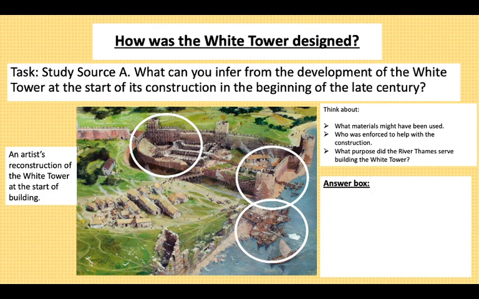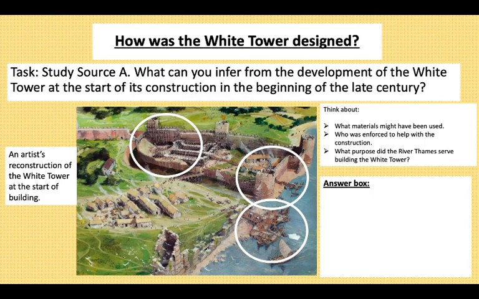Can you study source A, which is an artist's reconstruction of the White Tower at the start of building. And I want you to tell me what you can infer from the tower at this point of its construction. I'd like you to think about what materials might have been used, who was enforced to help with the construction, and what purpose did the River Thames serve when building this tower.